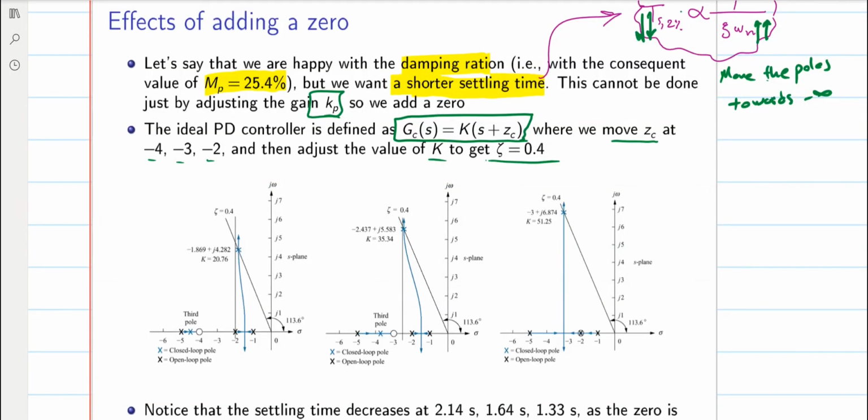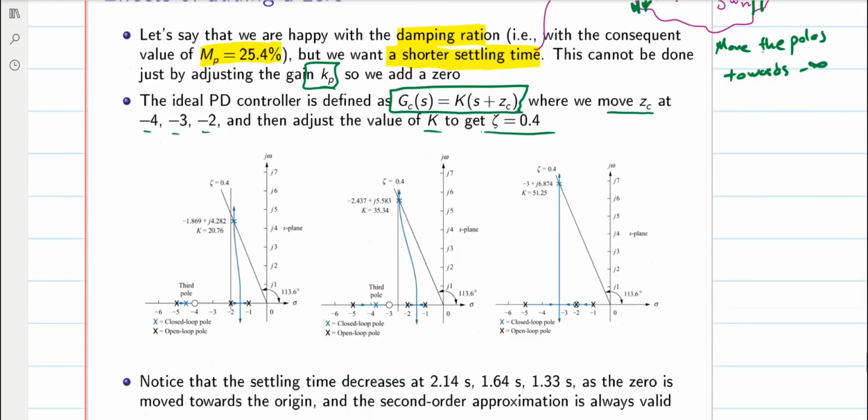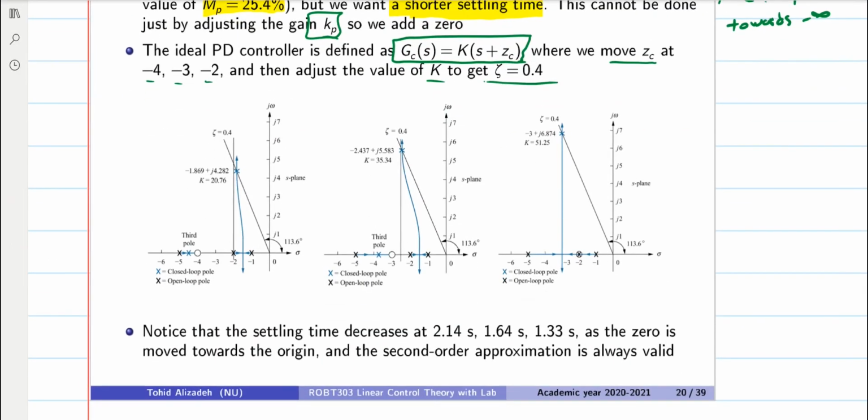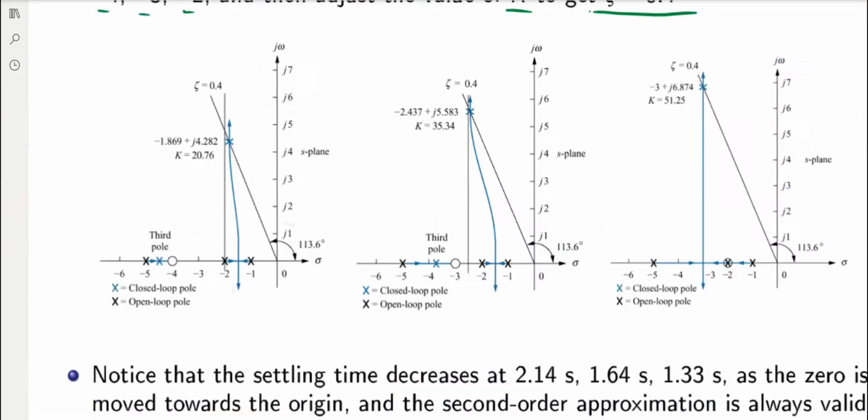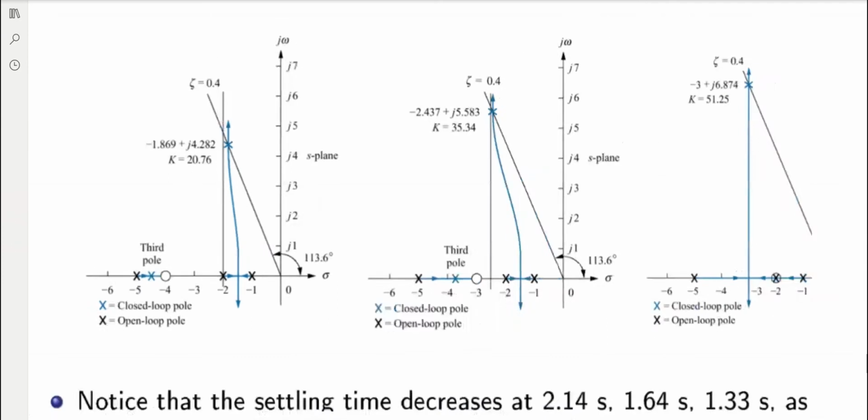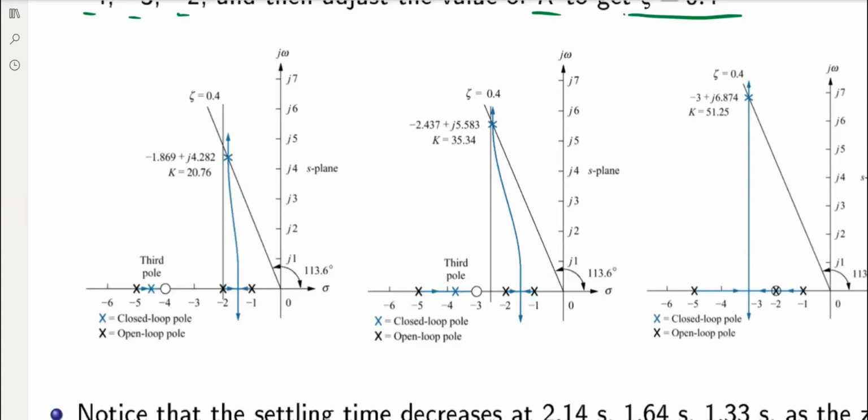For those three cases, we have the Root-Locus diagram plotted here. In the first case, the 0 of the controller is located at -4. It is over here. And you can see that, first of all, the Root-Locus is changed, obviously. But in terms of the transient requirement, one of our transient requirements was to keep zeta equal to 0.4.